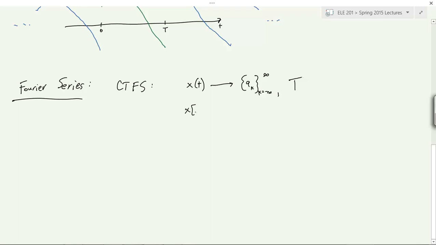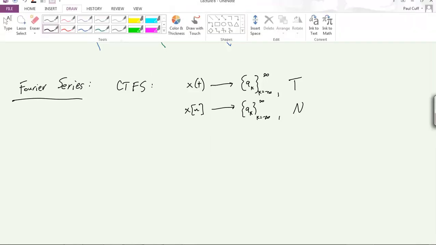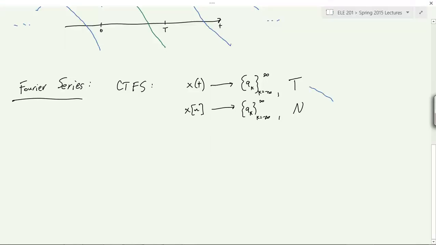For discrete time, same thing. You get a list of coefficients that you can calculate by the formula. And you get a period N. So again, I just want to emphasize that this period here is an important part of the transform. You can't just record the coefficients and say that's enough to recover x.